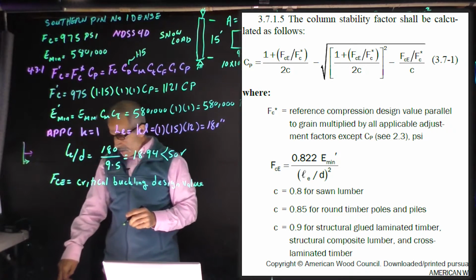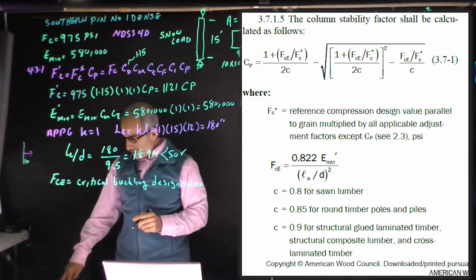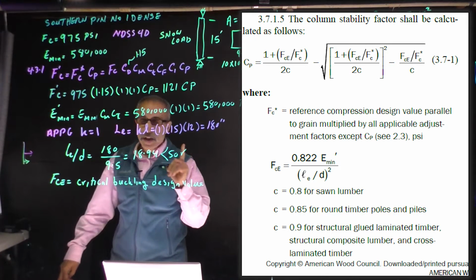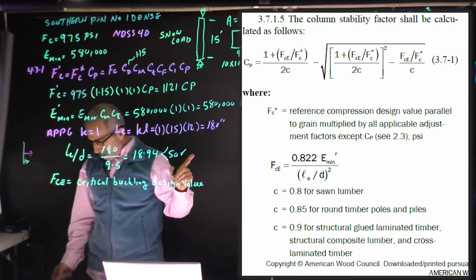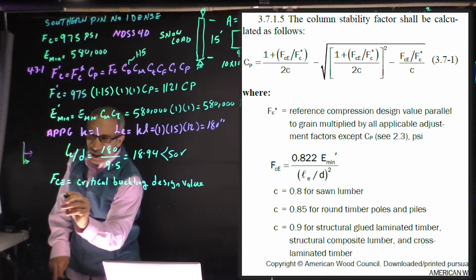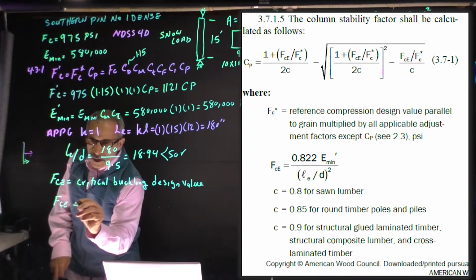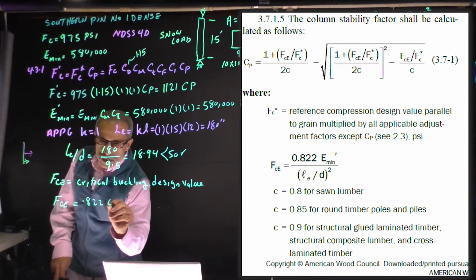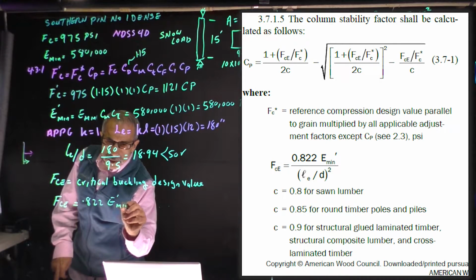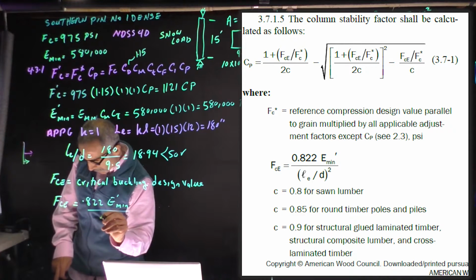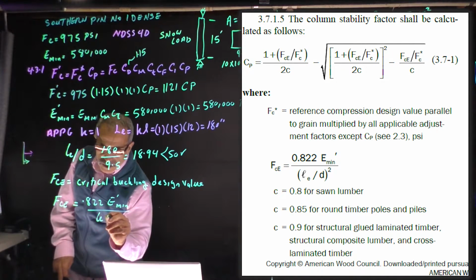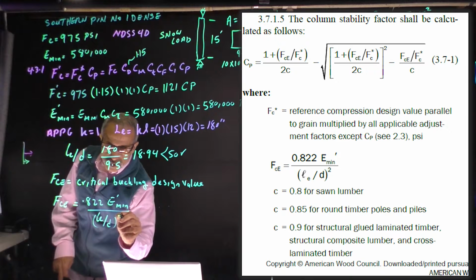The equation is given in section 3.7.12, and FcE comes out to 0.822 E prime minimum divided by Le over d, the whole thing squared.